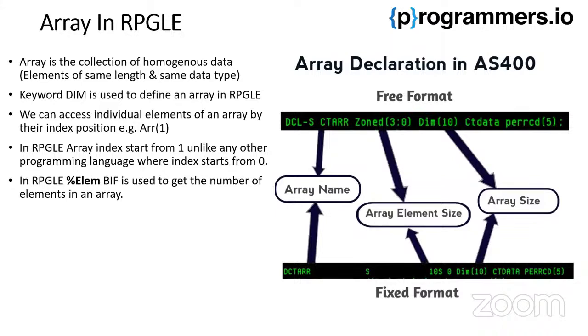In RPGLE, it starts from 1. And there is also a special built-in function, %ELEM, that is used to get the total number of elements present in the array.